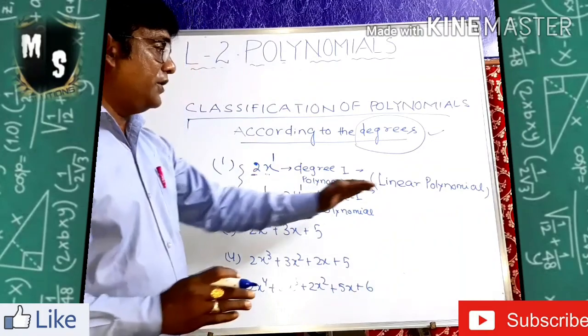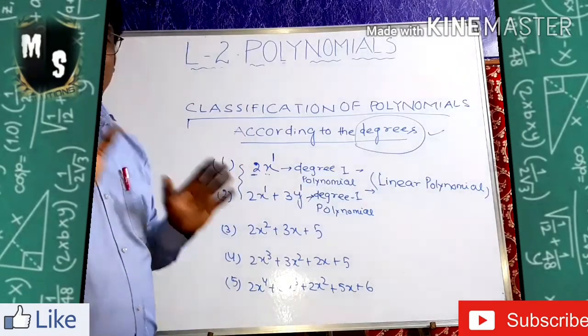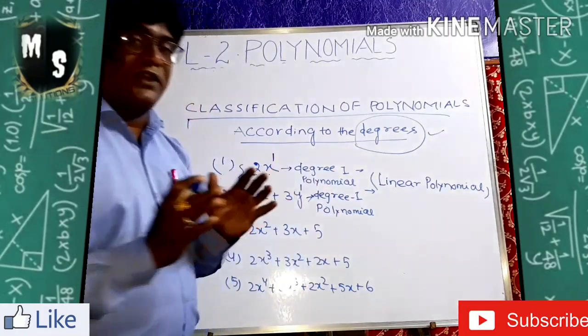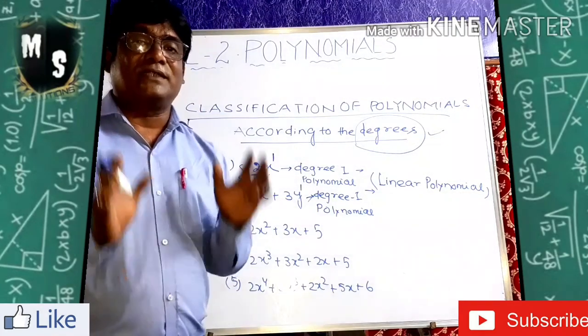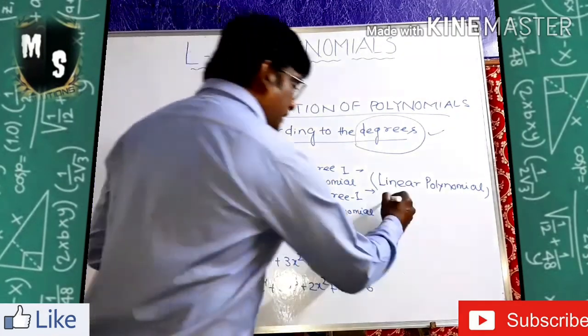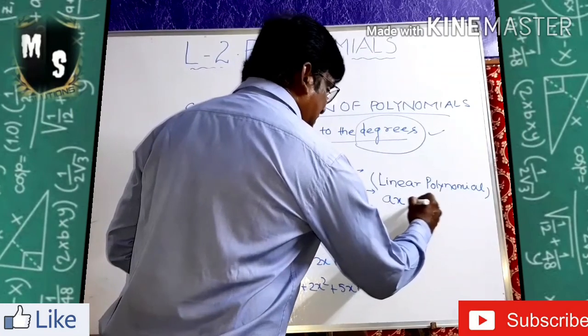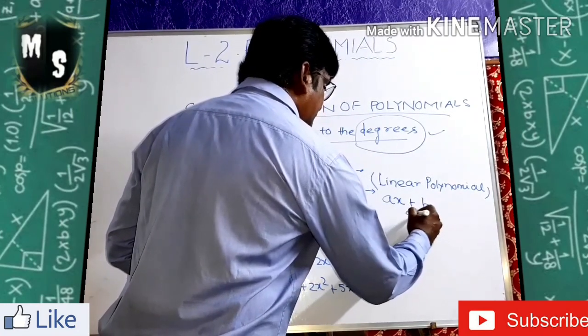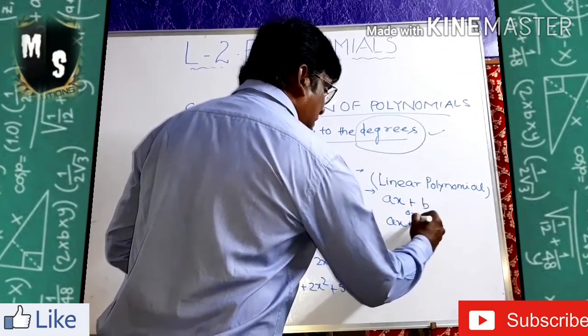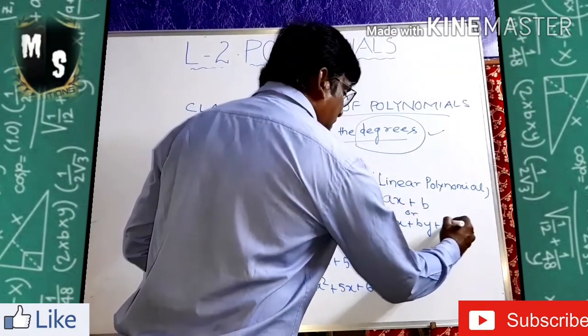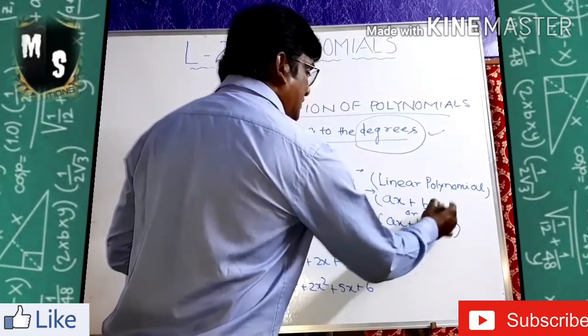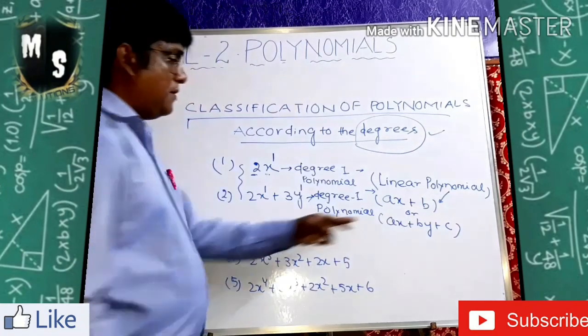The code is ax plus b, or ax plus by plus c. These are the two identification codes for a linear polynomial.